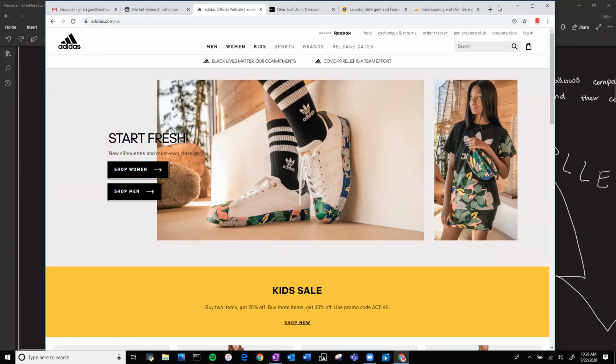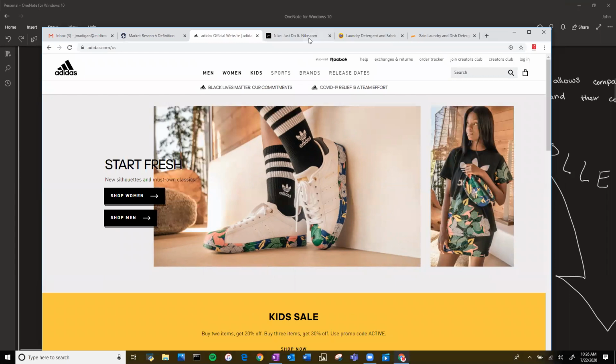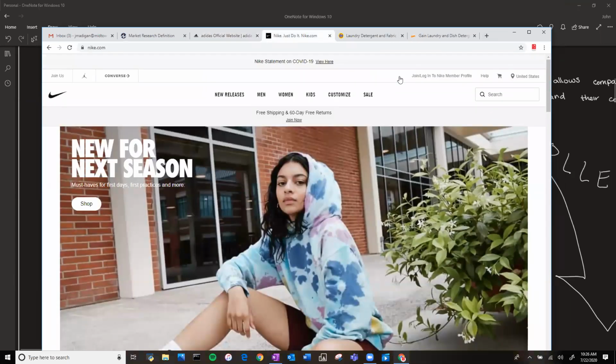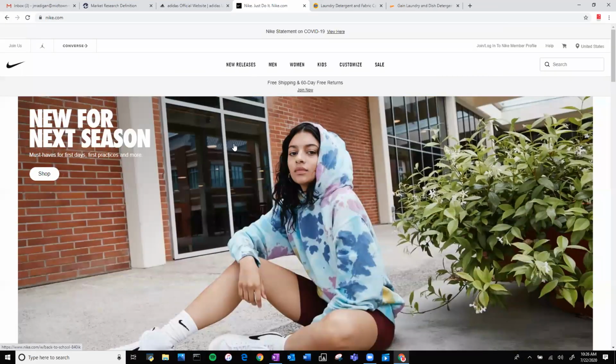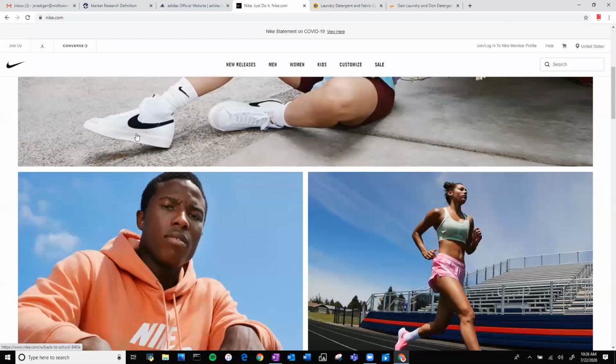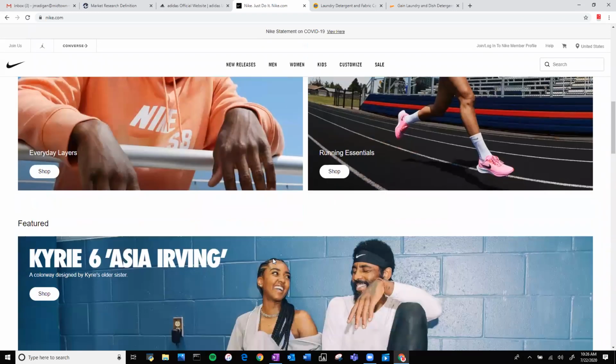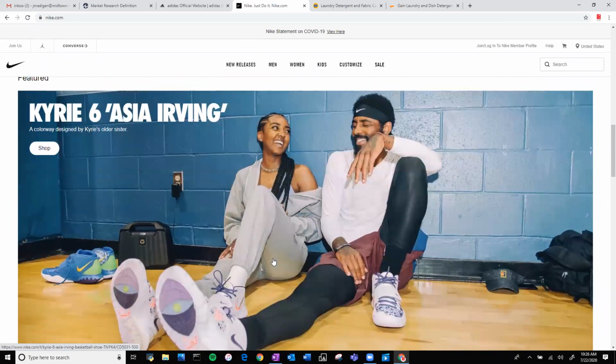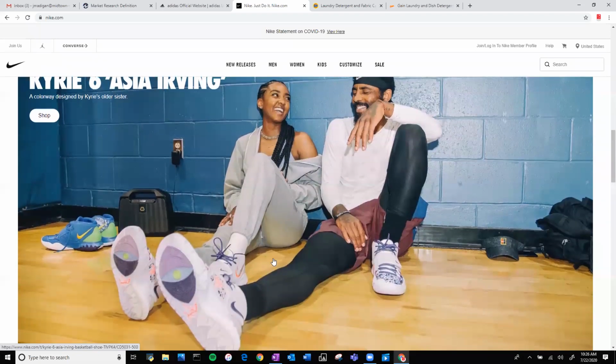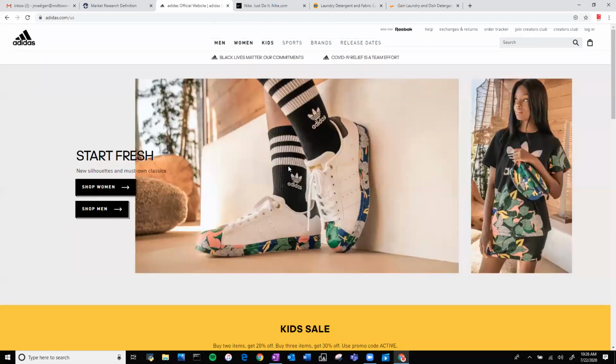But it's very much about the look of it. Whereas if we go over to Nike, Nike's all about athletic wear. So next season, they have people running, running essentials, and every photo they have. Whereas if we go back to Adidas, every photo they have is more style, right?